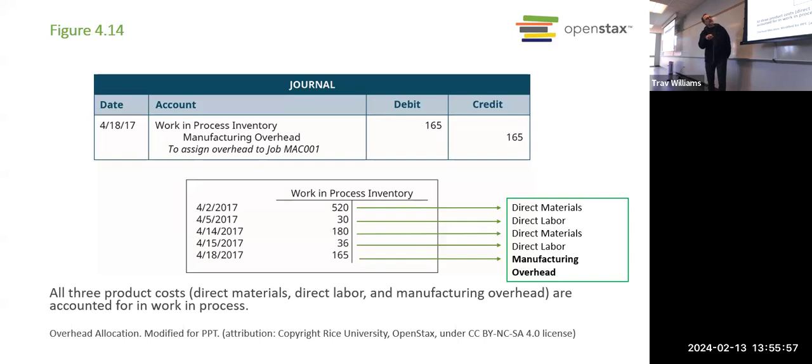What about manufacturing overhead? It's an asset too. Because it's, okay, let me think about this. Yeah, so the reason it's an asset is because it's going to be applied to our inventory and increase our inventory cost, right?